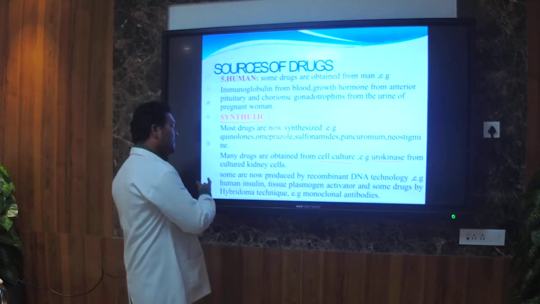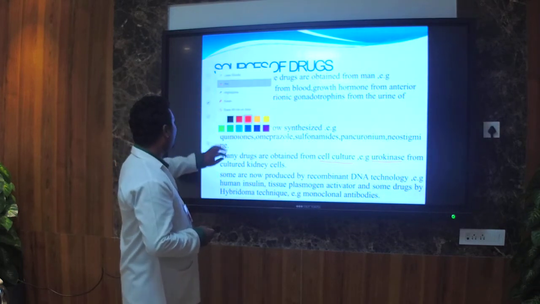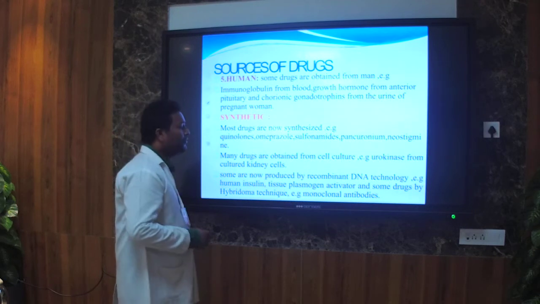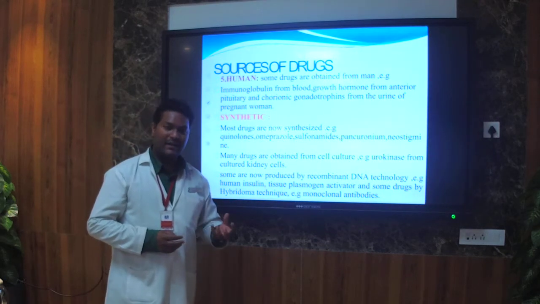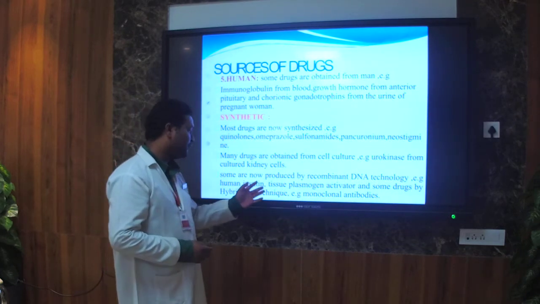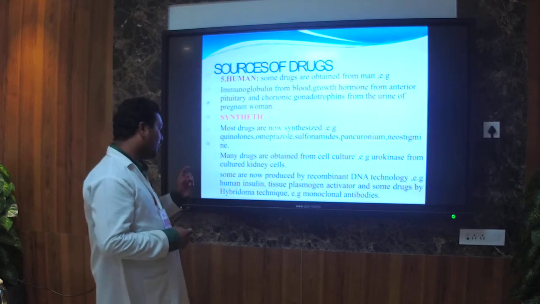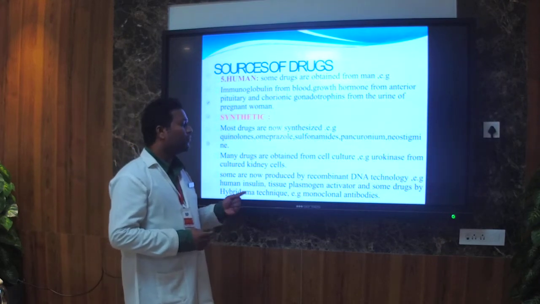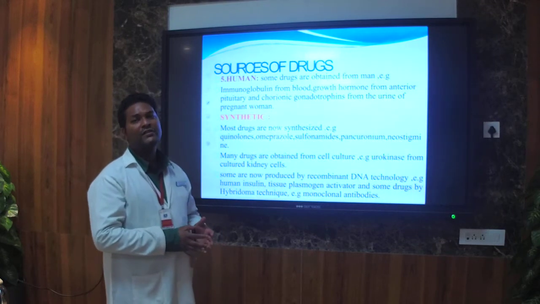Okay, then some are now produced by recombinant DNA technology. You might have heard about it during the COVID time also. DNA technologies have been used to make the vaccines and the sera to fight against infections. So human insulin, tissue plasminogen activator, and some drugs by the hybridoma technique, which is monoclonal antibodies, are all made in research laboratories.